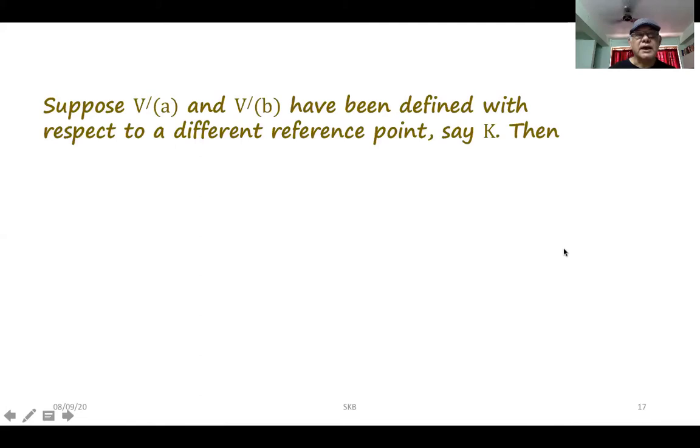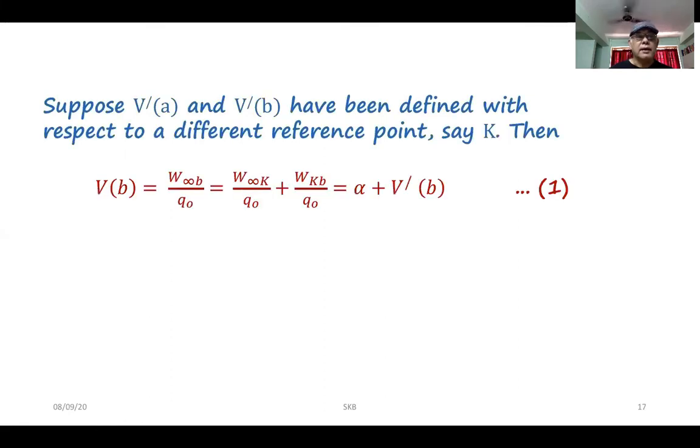Suppose V dash A and V dash B have been defined with respect to a different reference point, say K. Then V at B is equal to W infinity to B divided by Q naught.